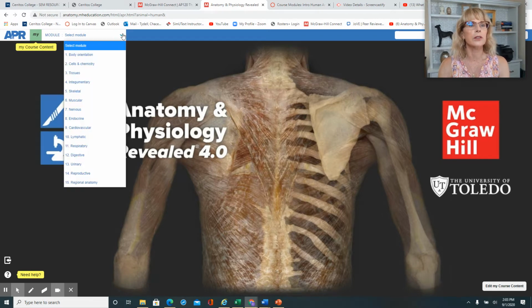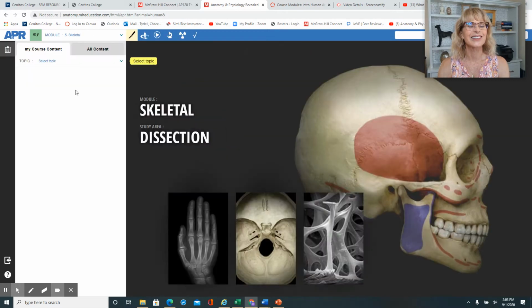Here we go to select the module, and you're going to be using skeletal. Once you're here in skeletal, you can do different things, but I would recommend that we just use the dissection, and the dissection looks like a little scapula. Great.